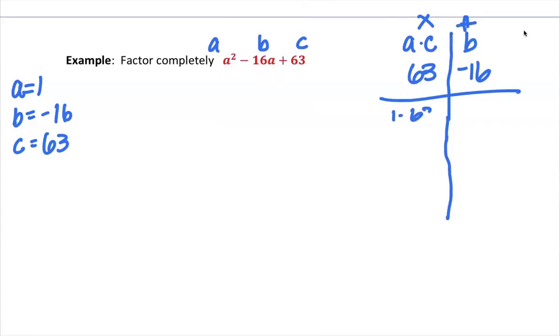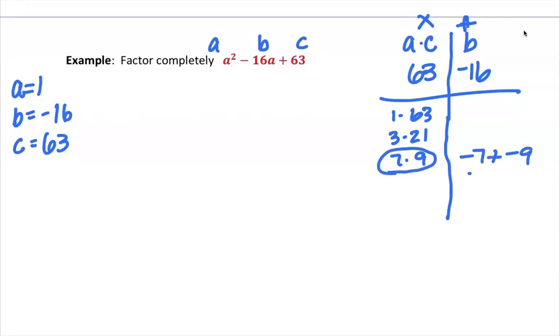So 1 times 63, 2, nope, 3 times 21, 4 doesn't go in there, 5 doesn't go in there, 6, 7 times 9, and then we start repeating factors. Which pair of numbers could we get a negative 16 out of? And here's what I'm asking.